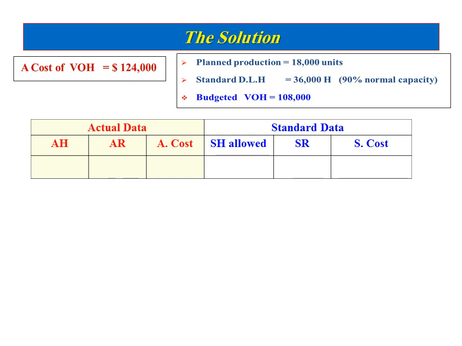This is my budget according to standard direct labor in my example, and budget variable overhead. In my table I need three actual amounts and three standard amounts.